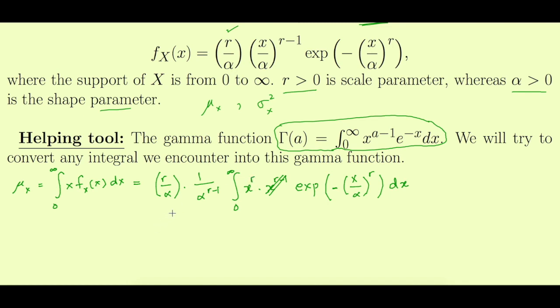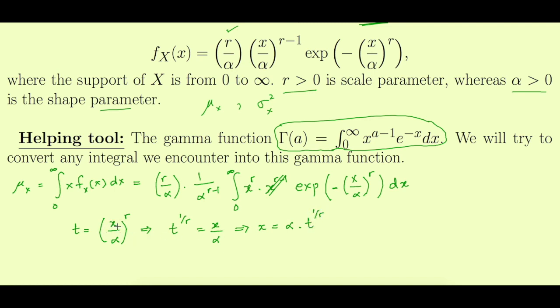Okay, now I'm going to use a substitution. We will say that t is equal to x over alpha to the r. So this means t to the 1 over r is equal to x over alpha, and then x is equal to alpha times t to the 1 over r.